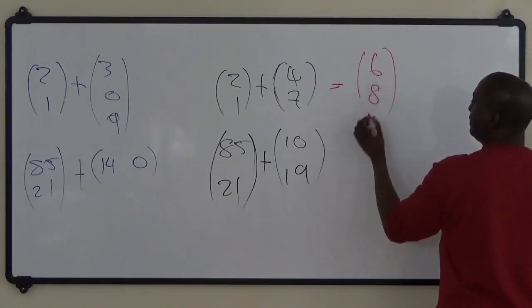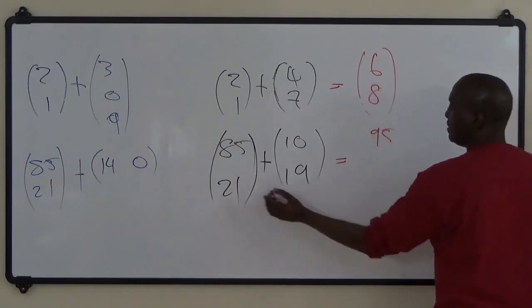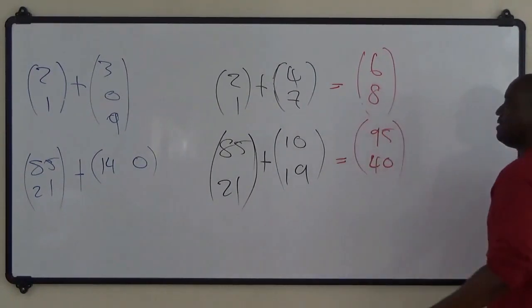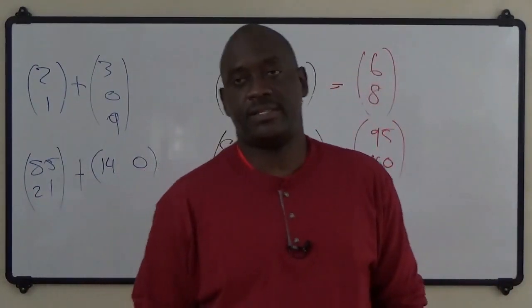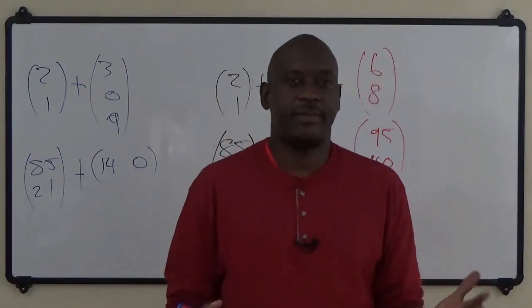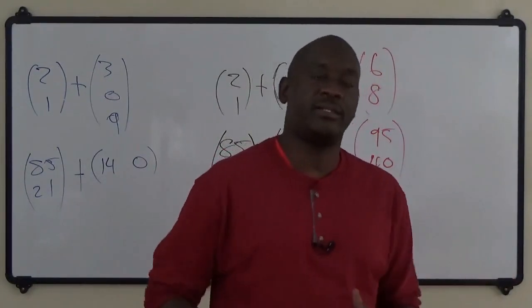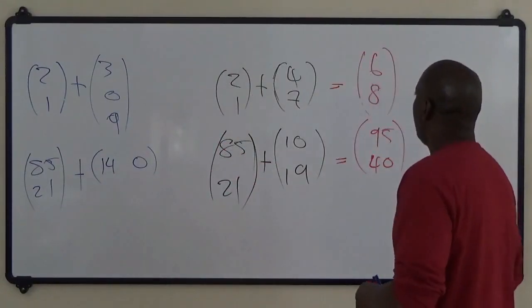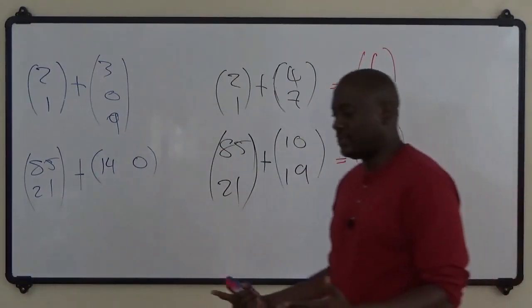And if we add these 2 matrices, the answer will be 95 on top, and 21 and 19 is 40 below. That is as simple and straightforward as the addition of matrices is. This video wouldn't really be too long, because addition and subtraction of matrices is just the simple addition or subtraction of each corresponding element. So what about if we do the same thing?